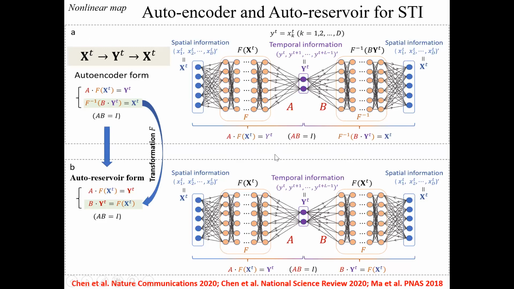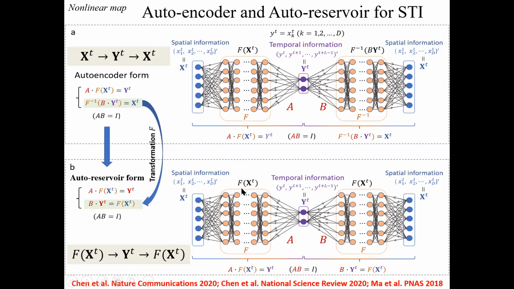We use the same structure in our STI equation, from X to Y, and now Y back to X. But we don't use the autoencoder. Our auto reservoir form is from F(x) to Y, then back to F(x), where F(x) is a neural network.